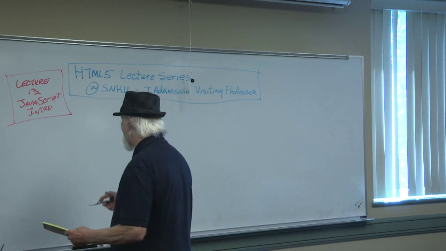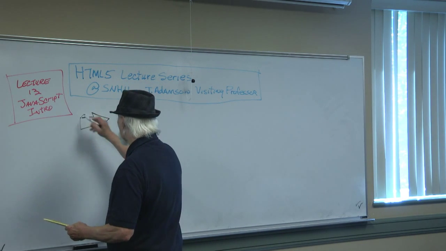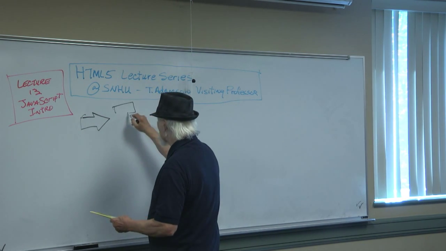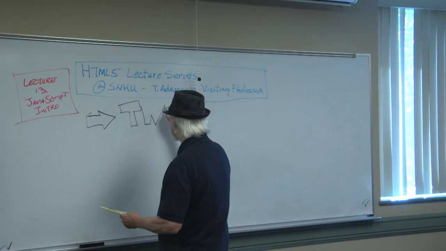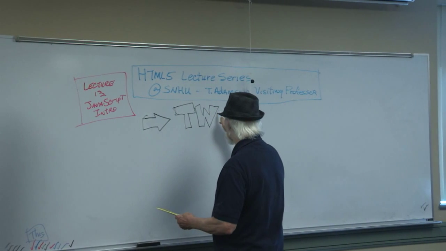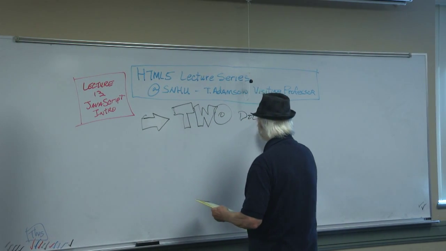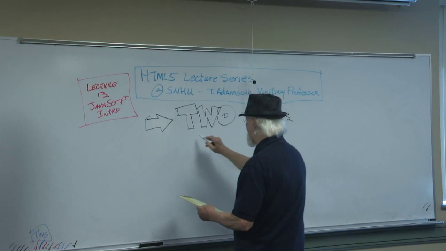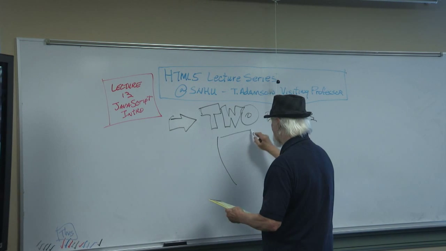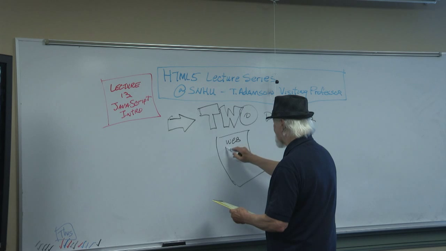All right, so far what we've talked about in our lecture series in terms of documents, we've talked about two documents. One of the documents we talked about was a web document.